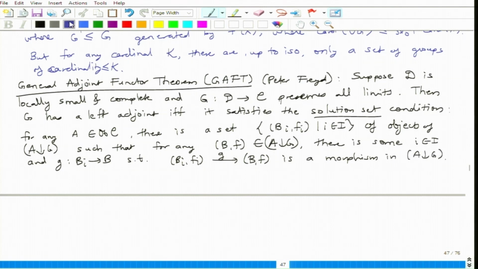I will write a simpler version. In other words, the hom set in the arrow category from (Bi, fi) to (B, f) is non-empty for some i.